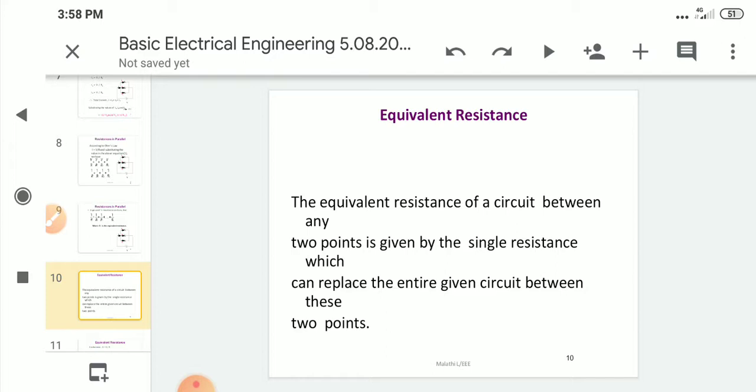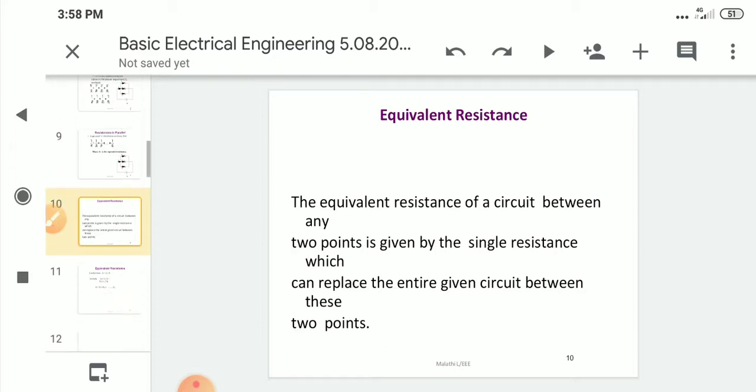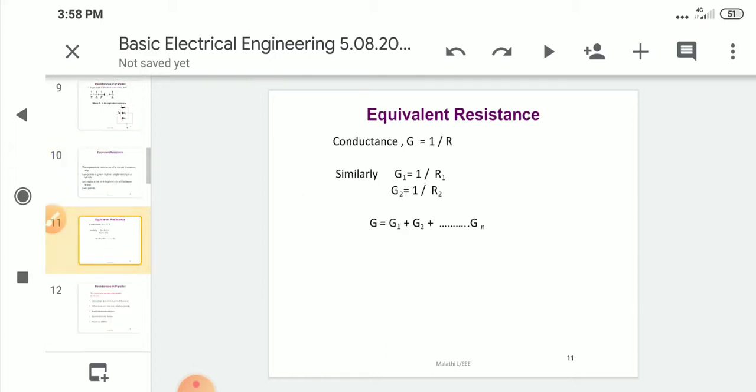So overall, to simplify our circuit, the equivalent resistance between any 2 points is given by the single resistance which can be replaced for the entire circuit between these 2 points.